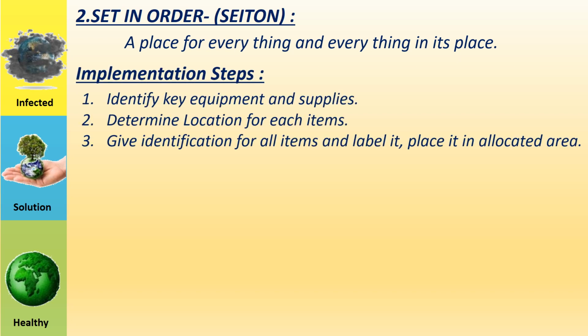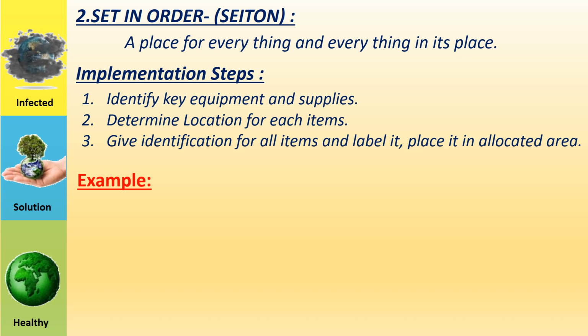First we need to identify what the key equipment and supplies needed at present are. Then we need to determine a separate location for each and every item. Then we need to provide identification for all items. Even though we identified a location for each item, if you don't label it, we wouldn't be able to place it in the allocated area.